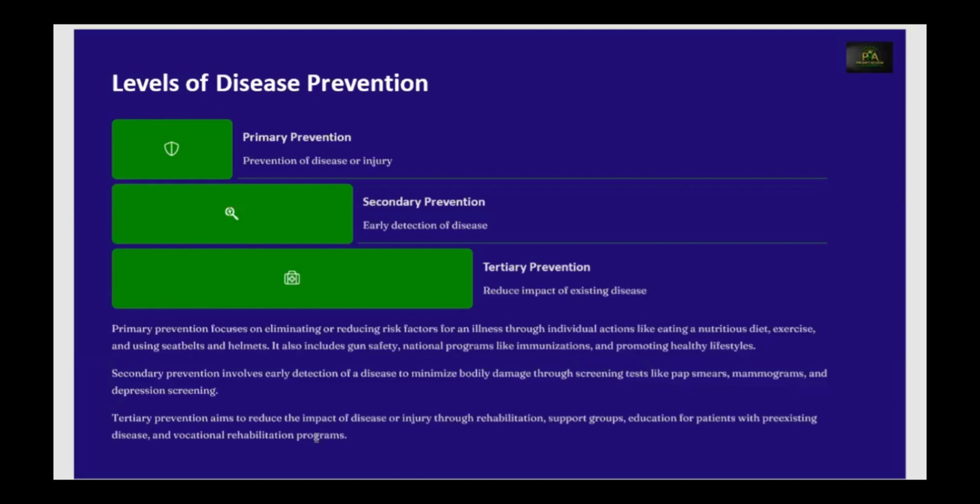When you do A1C, okay? Then tertiary prevention is if this patient has finally had diabetes and you send them to support groups, people that have diabetes, and the person is learning how to manage their diabetes, or whatever you are doing for this person to be able to manage their existing disease, then that is tertiary.